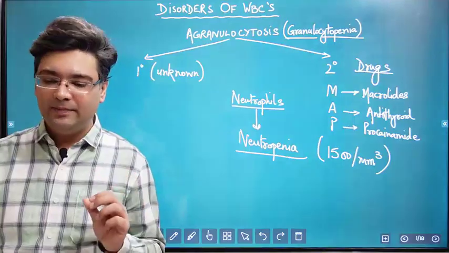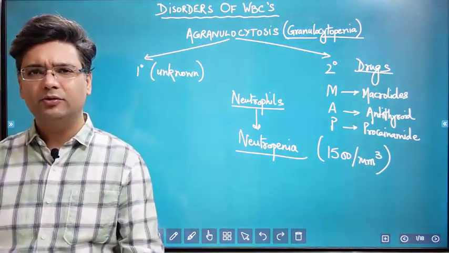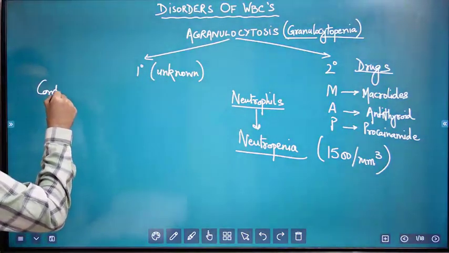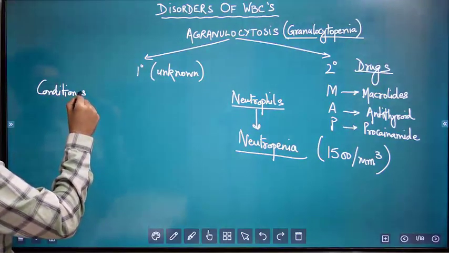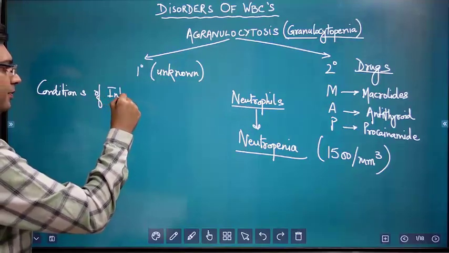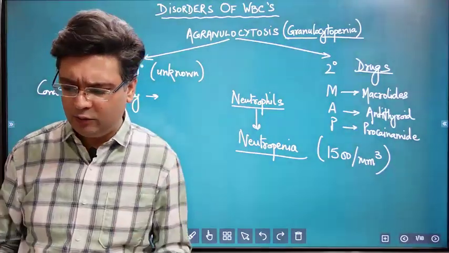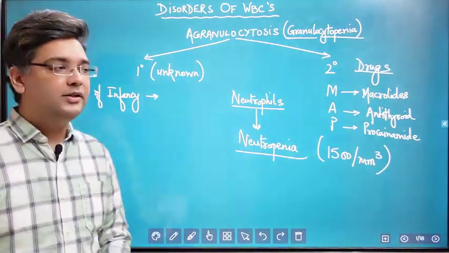Now sometimes neutropenia can be associated with certain conditions of infancy. So what are the conditions of infancy where the problem of neutropenia is going to arise? We have a plethora of conditions here, and this is Shwachman-Diamond syndrome.